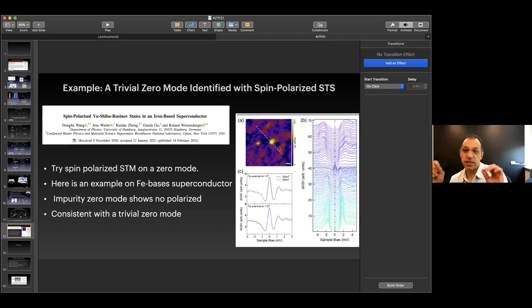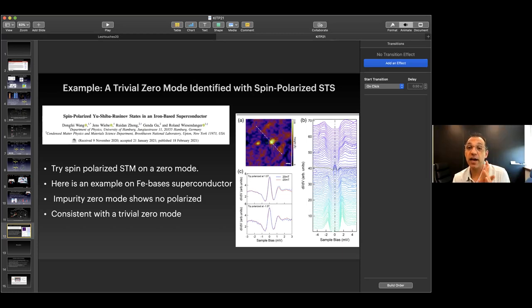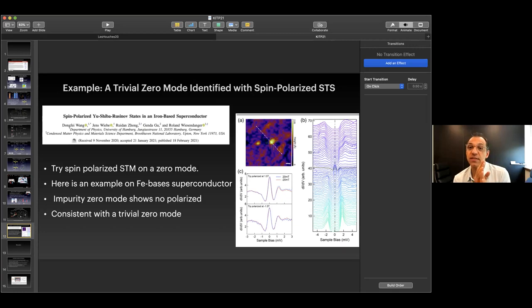Yeah, very good. Okay, so let me explain that. When you have a Shiba state, they appear in pairs, right? At plus and minus. And they could trivially go to zero energy, and this could look just like a Majorana. You have basically both electron and hole. Now, if you look at what the spin polarization looks like relative to the normal state, when you have a state appearing above the chemical potential and one below the chemical potential, one would have above the normal state spin polarization and one would have below the normal state polarization that's created by the impurity to give you the in-gap state.